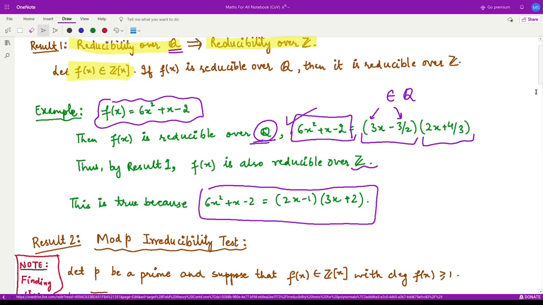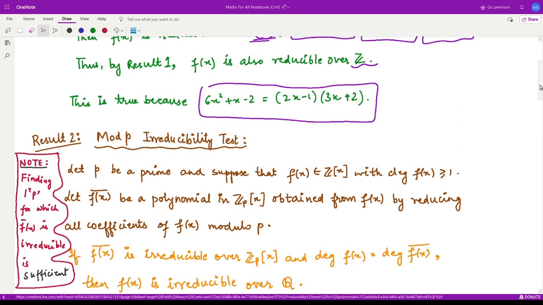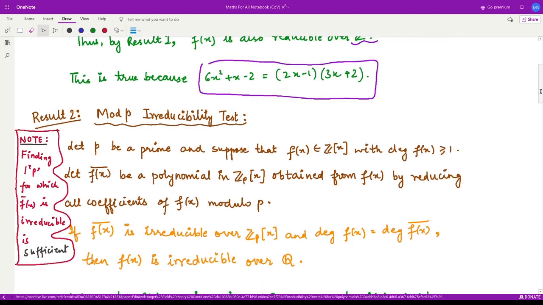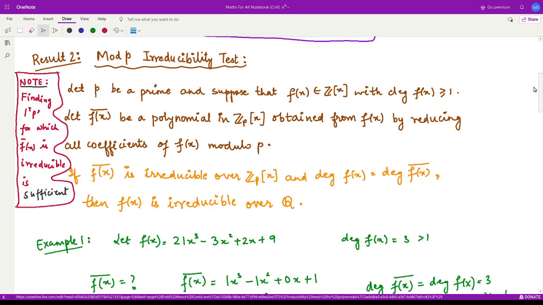Next is the second result, which is the mod p irreducibility test. So this test is quite useful. And what does it say? It says that if p is any prime number and we take any polynomial from Z[x] whose degree is greater than or equal to 1. Now here, look, we can take polynomials with degree greater than 3 also, unlike the previous case.